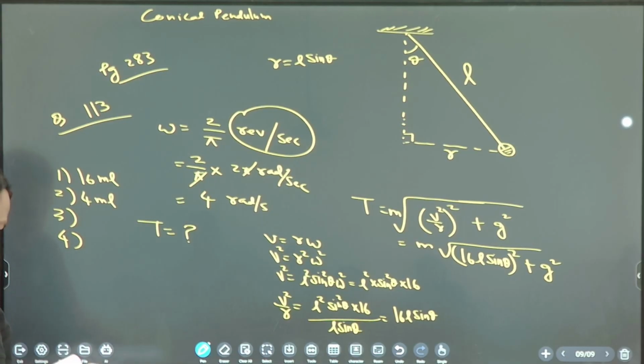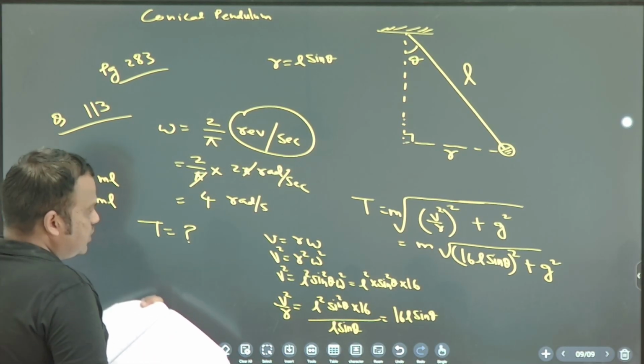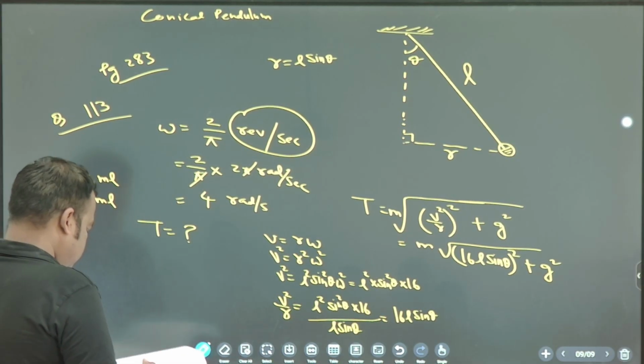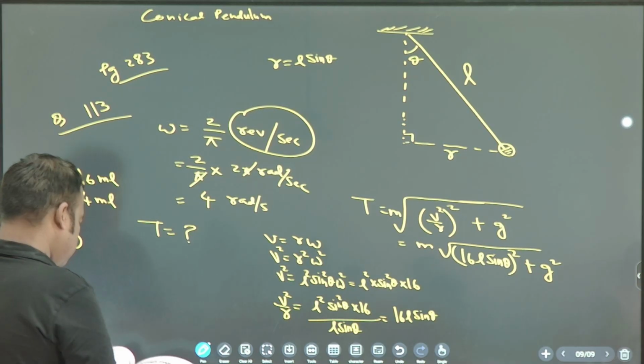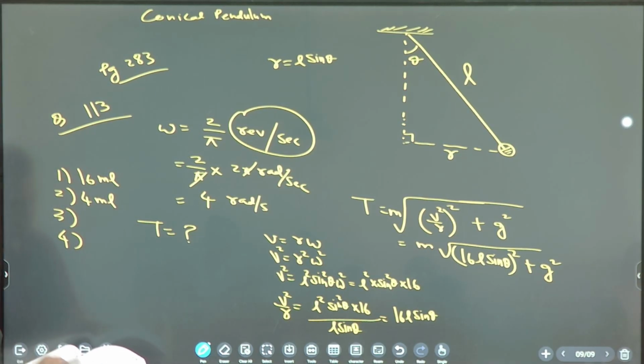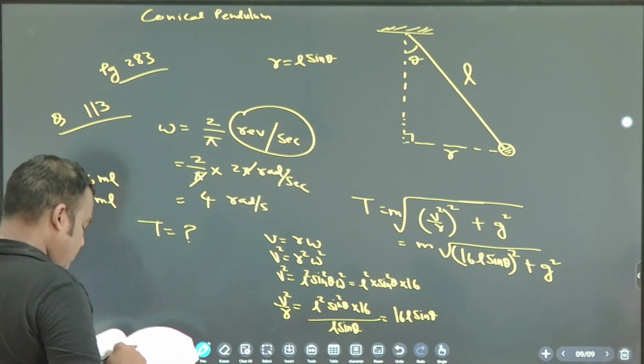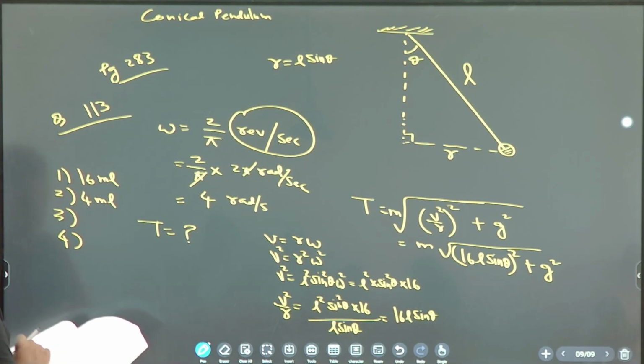I think some information misprint is there. Theta must be given. Without theta we cannot solve. Okay, theta is given.